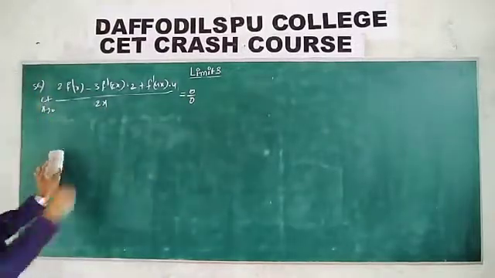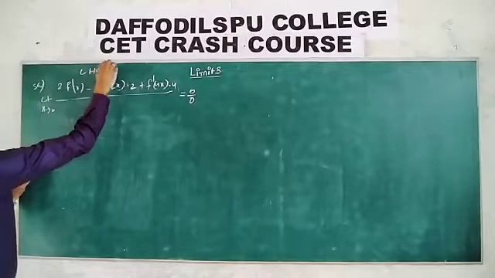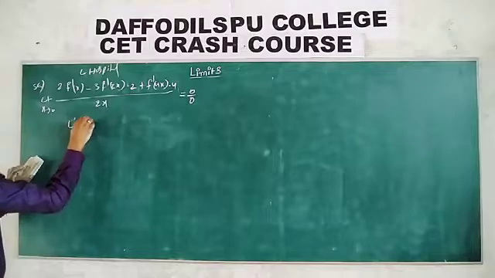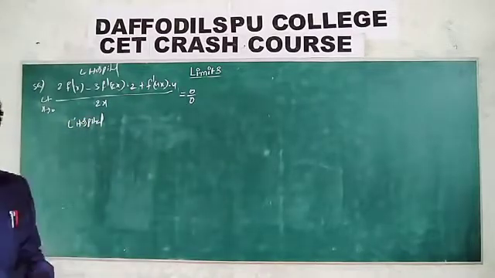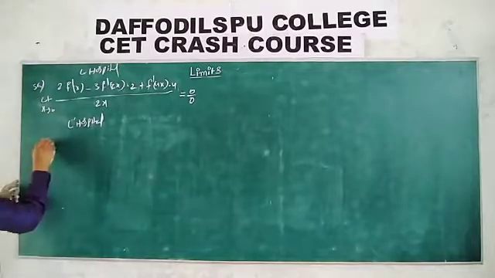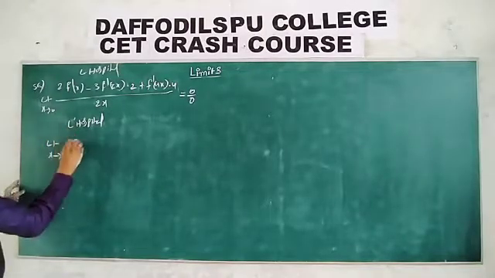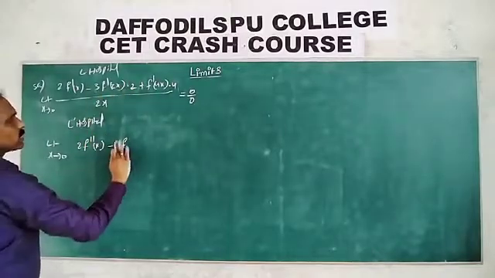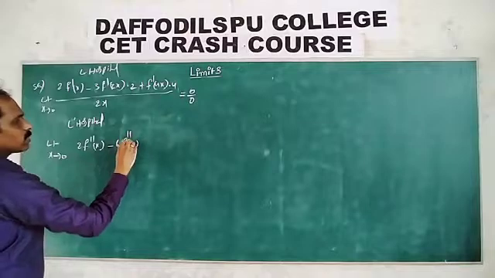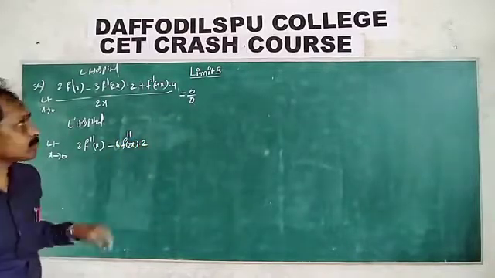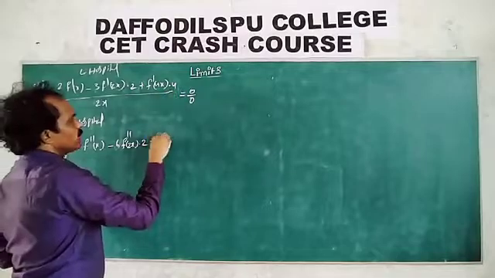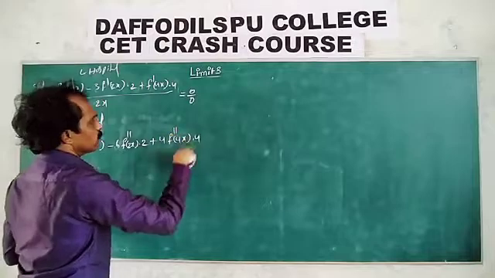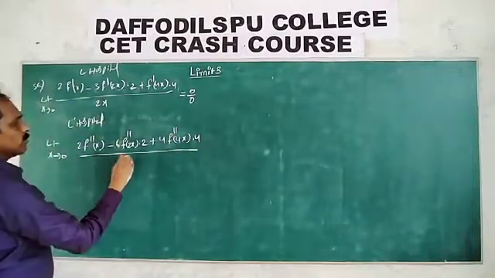Again 0 by 0, undetermined form. First time L'Hospital rule, second time again, with f double dash, the second derivative. Limit x tends to 0, 2 into f double dash x minus 3 into 2, that is 6 f double dash 2x, plus 4 into 4 f double dash 4x, divided by 2x derivative 2.